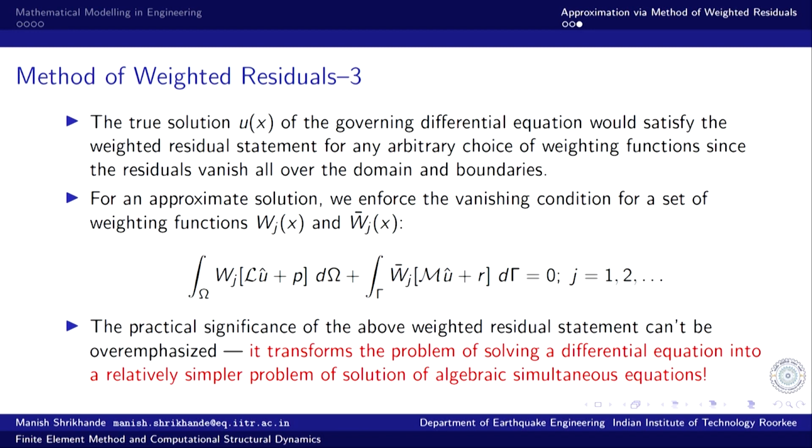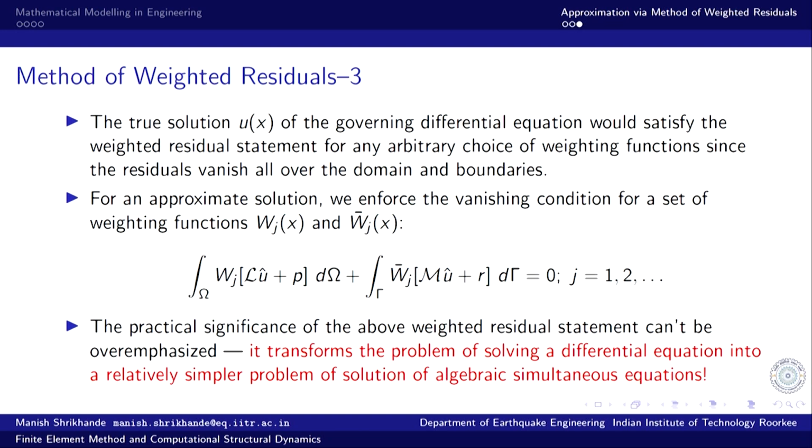Now, for an approximate solution, we enforce the vanishing condition for a set of weighting functions W j and W bar j, where j can range from 1 to a large number. So, the statement now becomes this integral. We represent r omega by substituting the approximate solution u hat there.